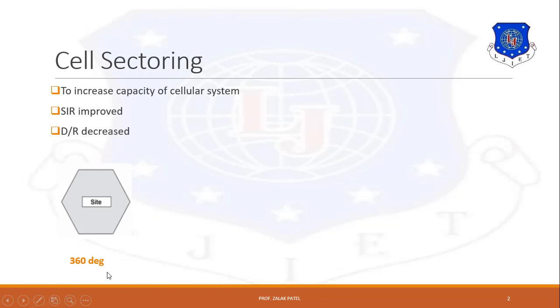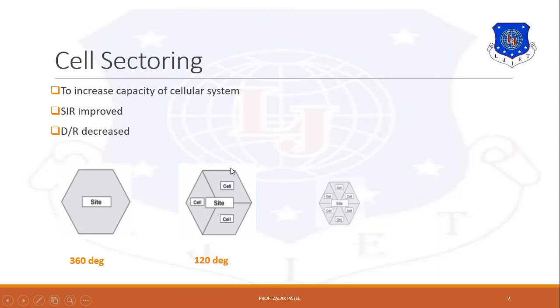Next is 120 degree sectoring. To provide 120 degree sectoring, you have to divide one cell into 3 different parts, because 360 divided by 3 gives us 120 degree. That's why for 120 degree you have to divide the whole cell into 3 equal sections like this.